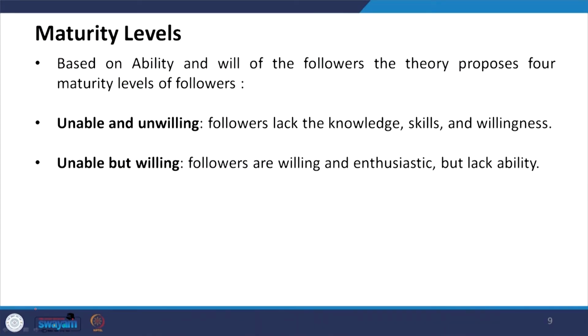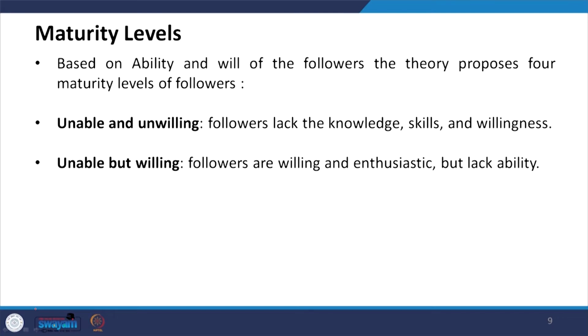The unable and unwilling: followers lack the knowledge, skills and willingness. I always talk about the KSA model, knowledge, skill and attitude, and the willingness is an attitude. So, if you adopt that knowledge, skill and willingness, then the maturity level of unable and unwilling, if it is low, then definitely we will go for the autocratic style.